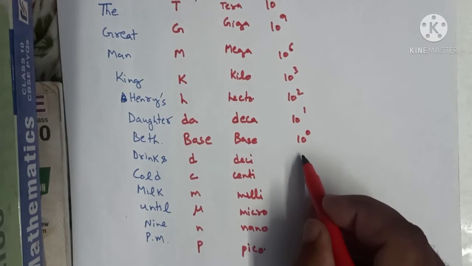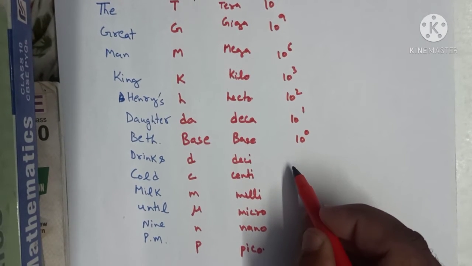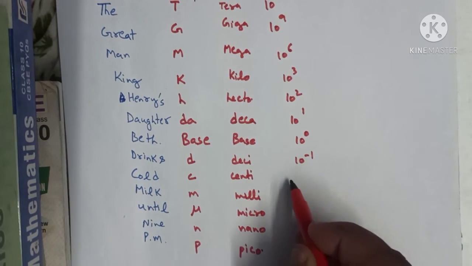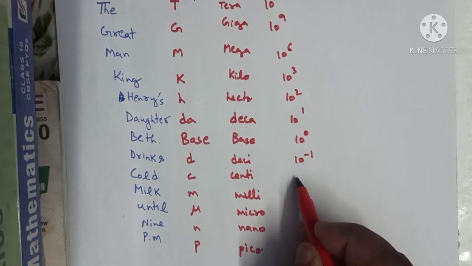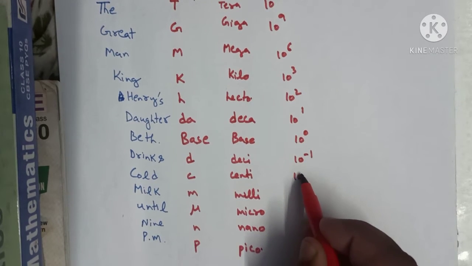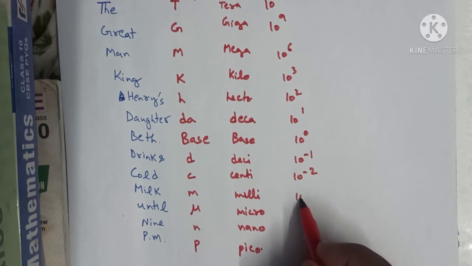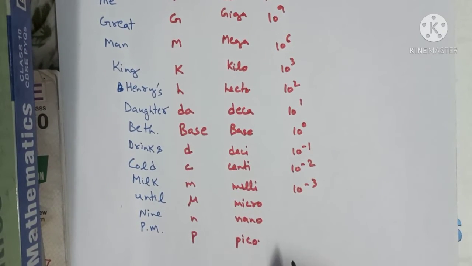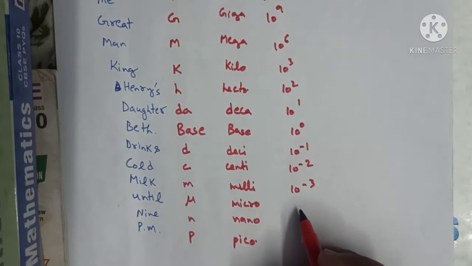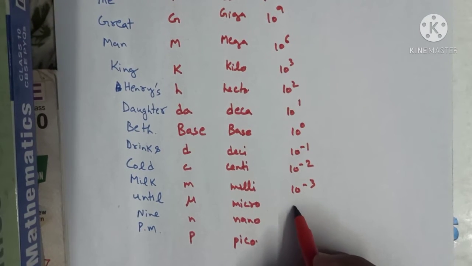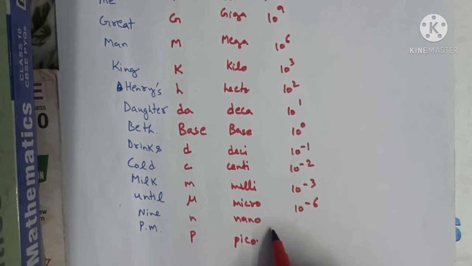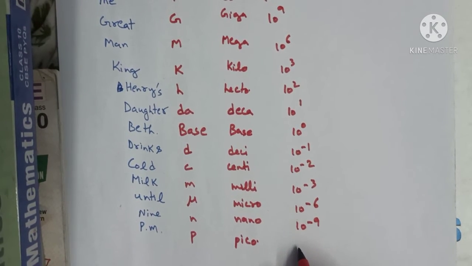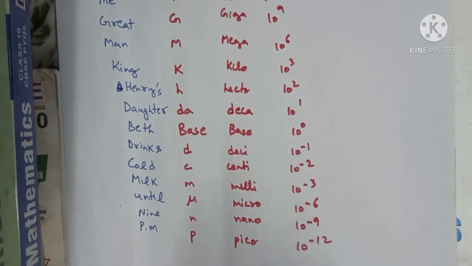Now we are going down. Deci is 10 to the power minus 1, centi is 10 to the power minus 2, milli is 10 to the power minus 3, and after that is micro. Micro is 10 to the power minus 6, nano is 10 to the power minus 9, and pico is 10 to the power minus 12.